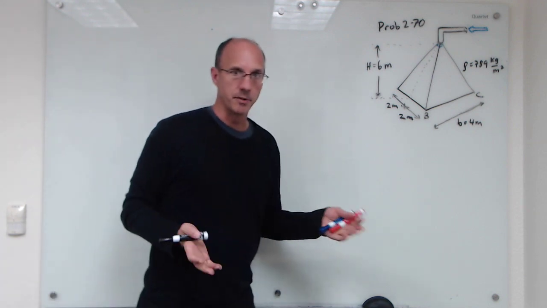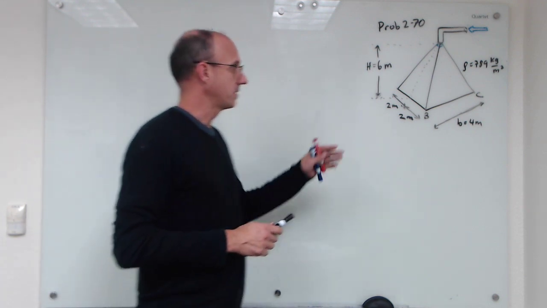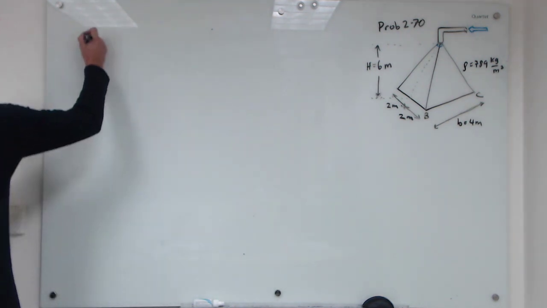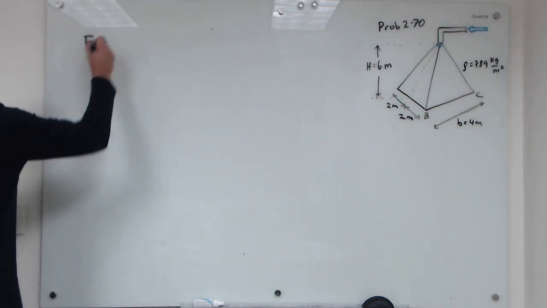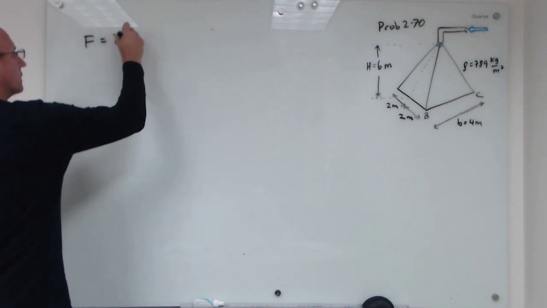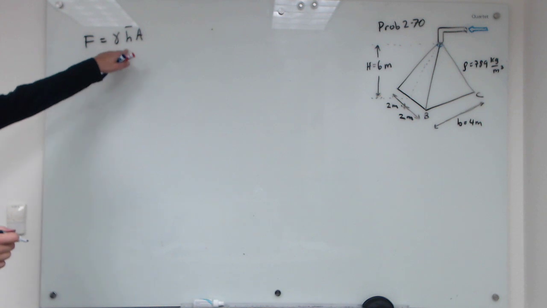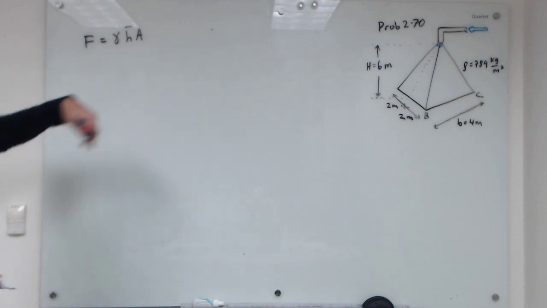It also suggests that we use the formula method, which is a good suggestion for this problem. In that case, we can remember that the hydrostatic force goes as gamma h bar A. So we need to be able to interpret what h bar and A are.